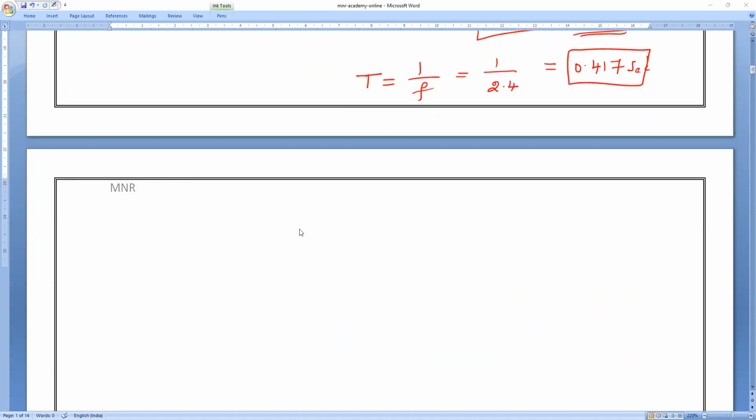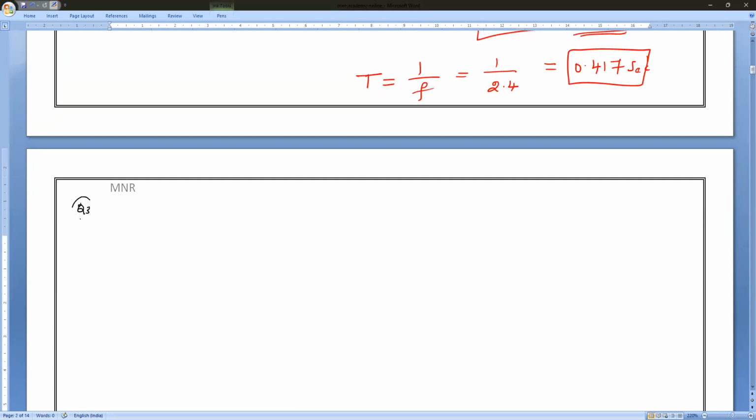Next question. Question number 3. A waveform is shown in the figure.